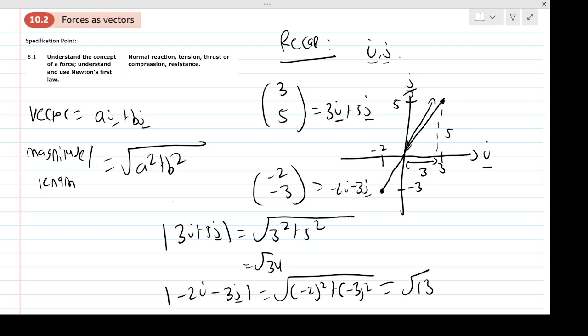And so the length of this vector here is root 13. Okay, so that's what we mean by magnitude. To calculate the length or the magnitude of a vector, you need to be able to recognise what i and j mean, which basically means the x and the y part, and to work out the length in this way. Okay, but hopefully that was a recap.